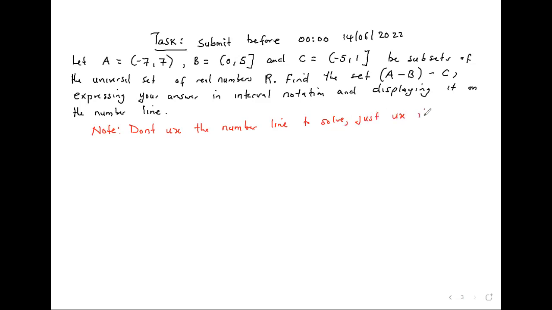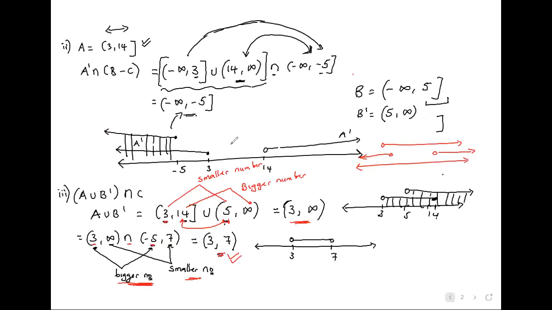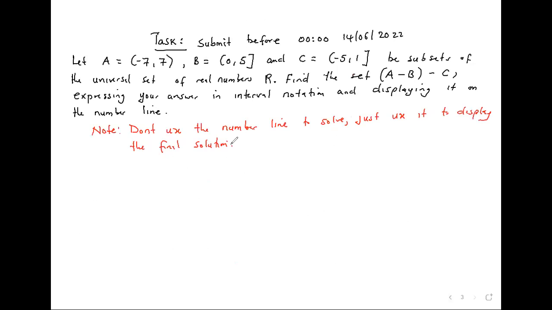Just use it to display the final solution. I want you to use this analysis of smaller, bigger, bigger, smaller, and see if you can get the answer, because I feel this is the shortest. So if you can pick it here, and then as we display, we're getting the art of how to use the number line.